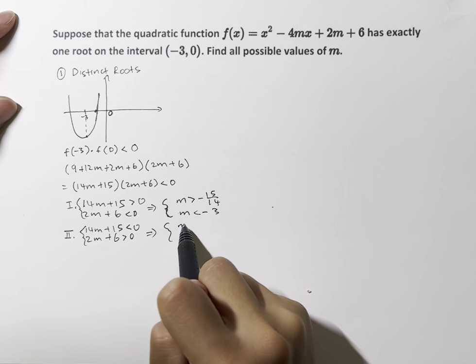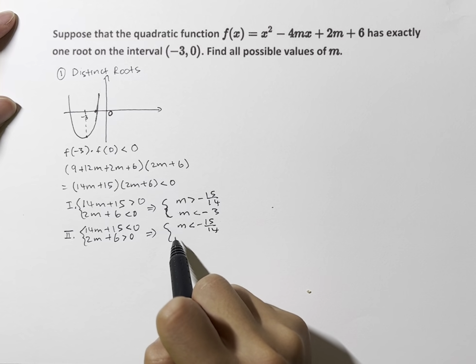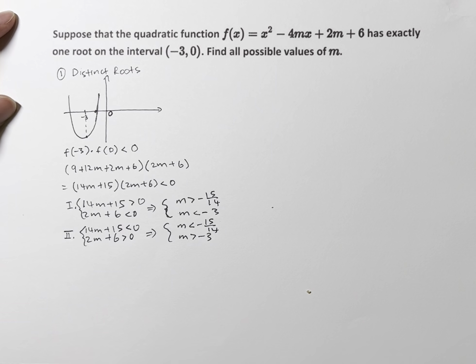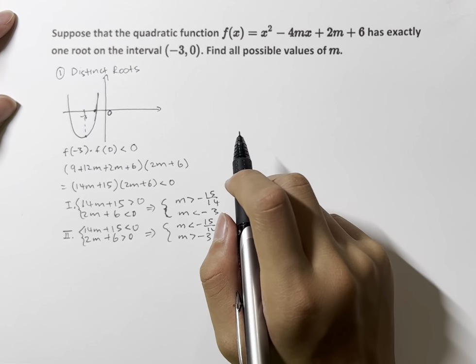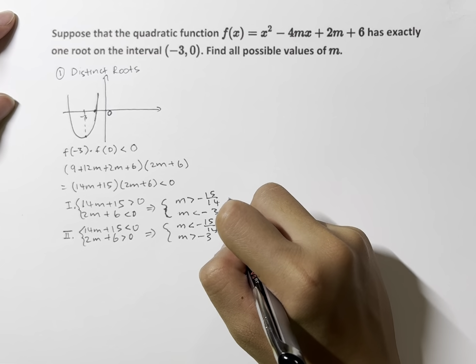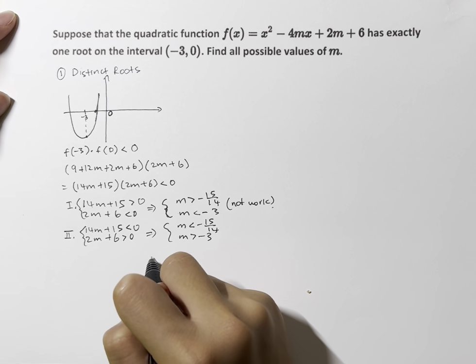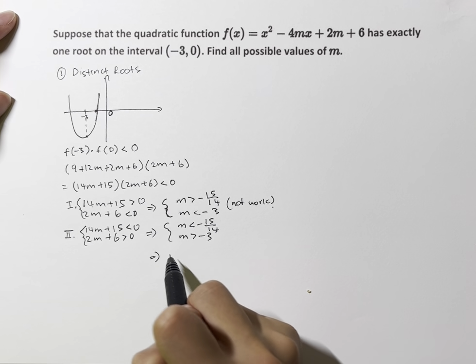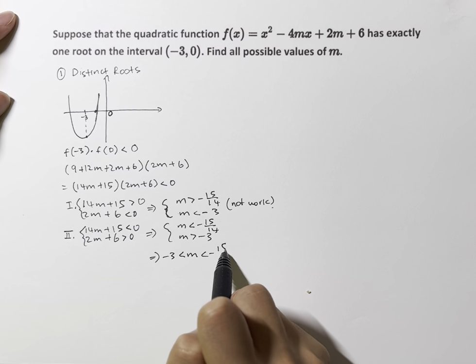We get that m is less than -15/14 and m is greater than -3. The first case has no intersection, so it does not work. This gives us -3 less than m less than -15/14.